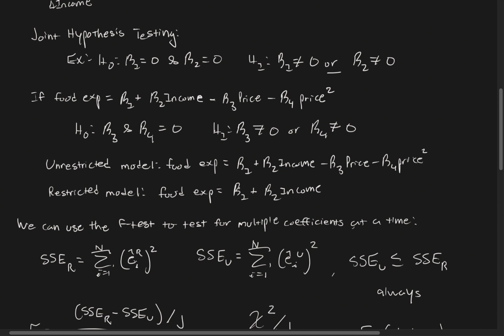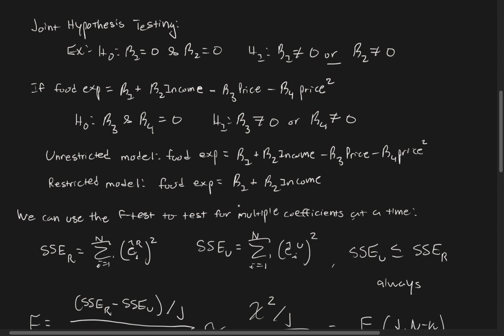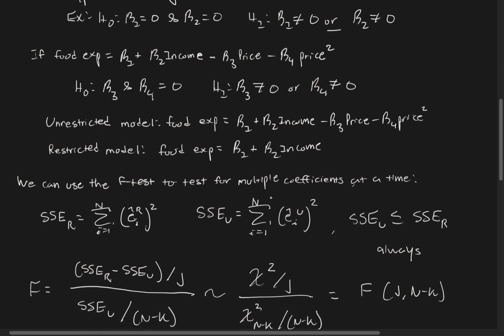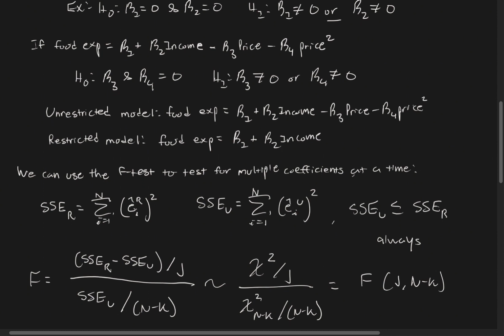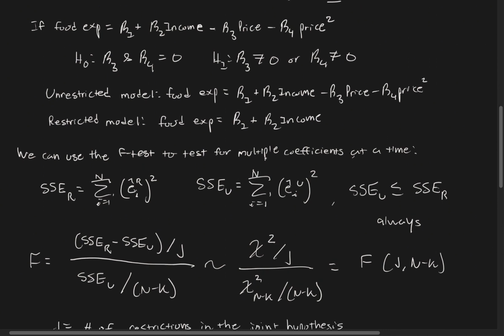But in our restricted model, we write it based on our null hypothesis that beta 3 and beta 4, the potential influencers of food expenditure, which is price, are excluded because our null says those are 0. So in the restricted model, the expenditure is just based off our intercept and our income.